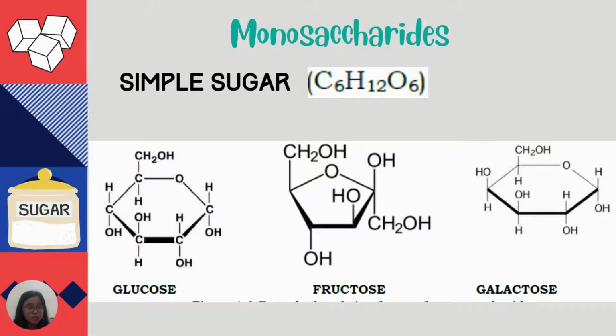We have glucose, also called dextrose or blood sugar. We also have fructose or corn sugar, and then galactose. Those are examples of monosaccharides.